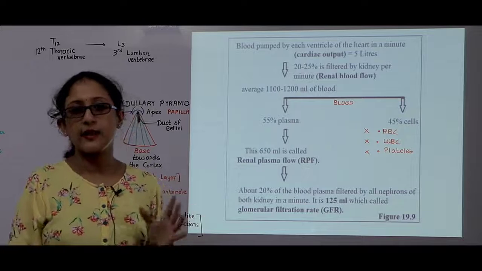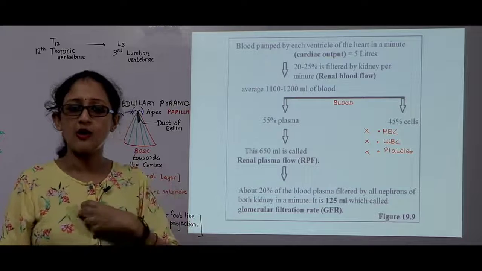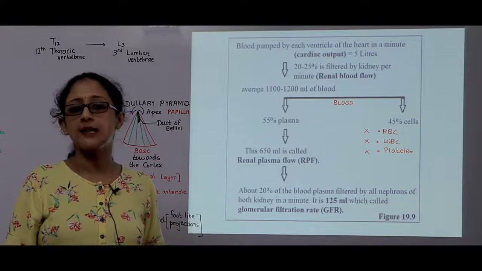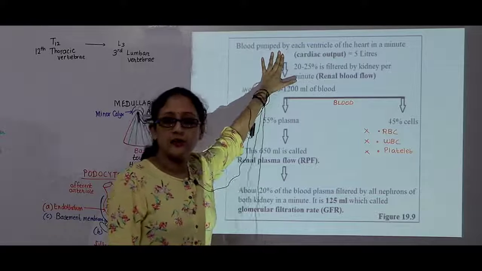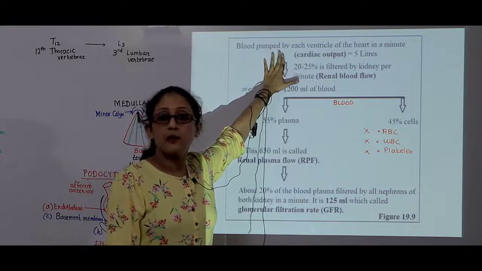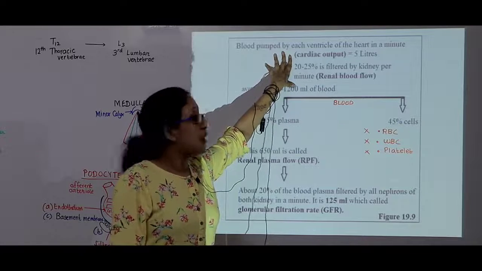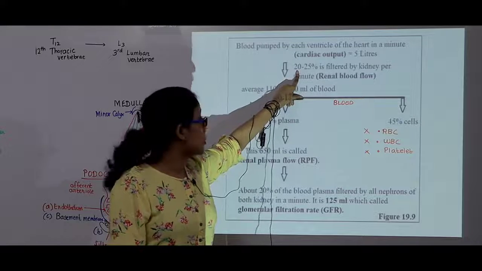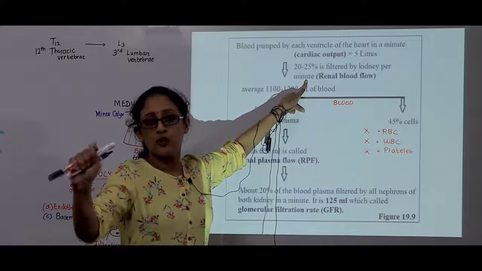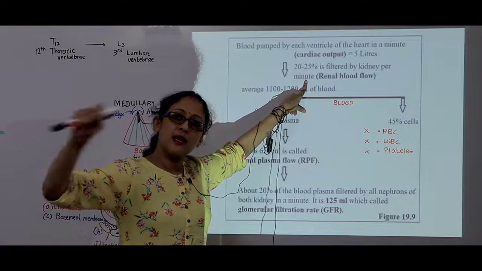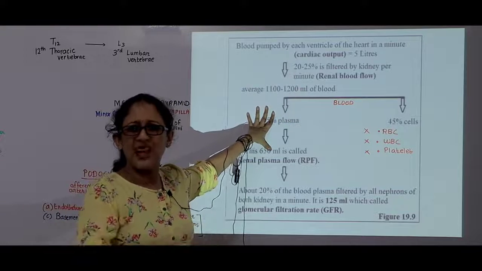So once again I will repeat this chart. The amount of blood which comes out of your heart to supply all organs is 5 liters per minute, or cardiac output. Out of that 5 liters, 20 to 25% goes to the kidneys, which is your renal blood flow. So how much blood goes to the kidneys is 1100 to 1200 ml, but that blood also has cells.